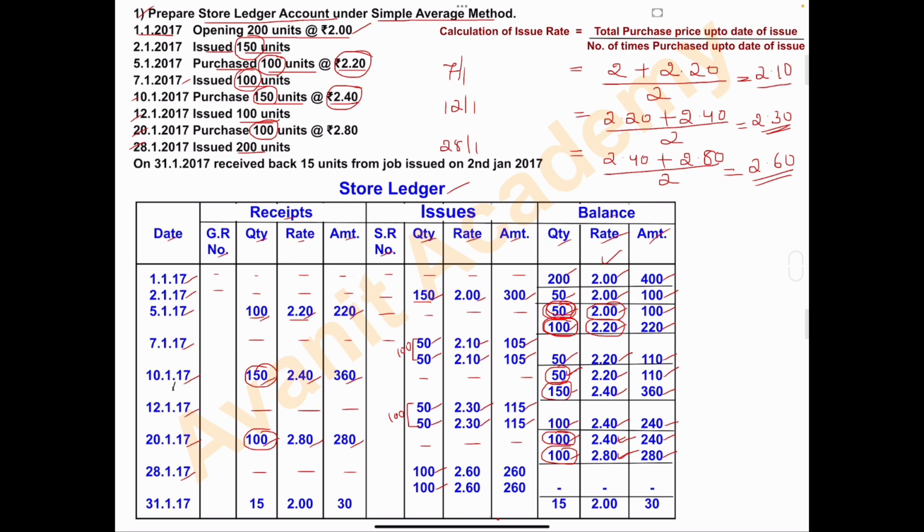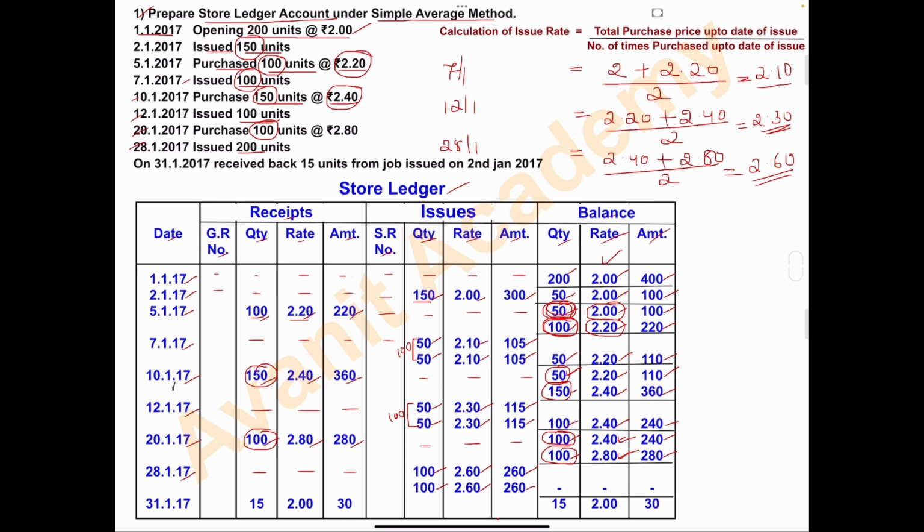So this issue rate we have to take to issue 200 units. Write here rate 2.60. 100 into 2.60 amount is 260 and 260. Balance nil, because the total 200 units had to be issued. So the balance was only that, so we have fully issued.